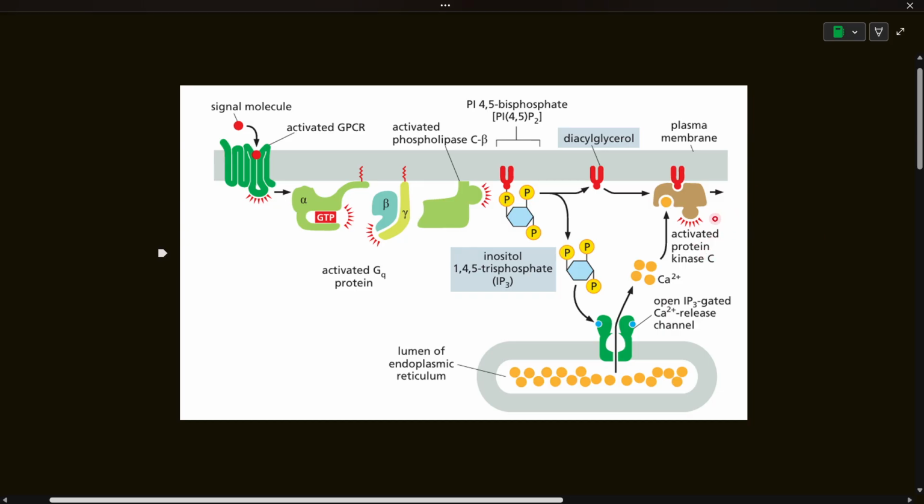But for the activation of protein kinase C, we need three things: the DAG, the calcium ions, as well as the phosphatidylserine, which is present on the cytosolic part of the plasma membrane, right? If one of those things is not there in the plasma membrane or the cell, the activation of protein kinase C will not be seen.